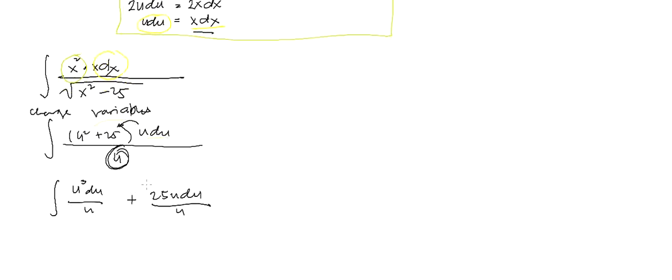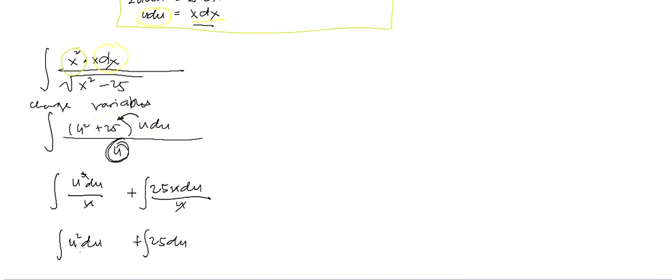We can easily cancel out the u. So we have u squared du plus the integral of 25 du. If we have something like this, then we can simply apply our basic formulas, right?